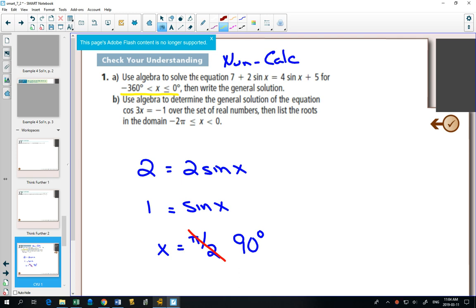So now we have to think, if the answer was 90 degrees in the positive direction, what angle would be coterminal with that in the negative direction? Negative 270. So again, after second attempt, we get another answer that wasn't right. But that's okay, because that helped us get to our actual answer, which was negative 270 degrees.